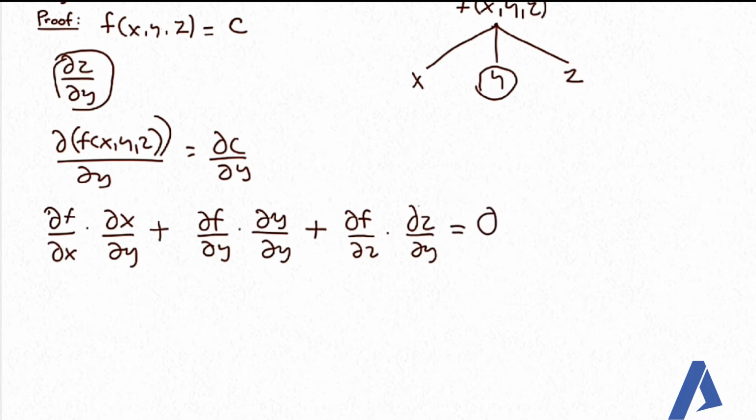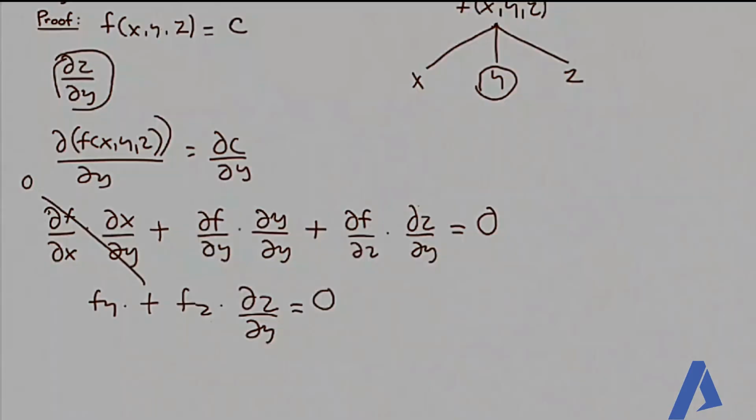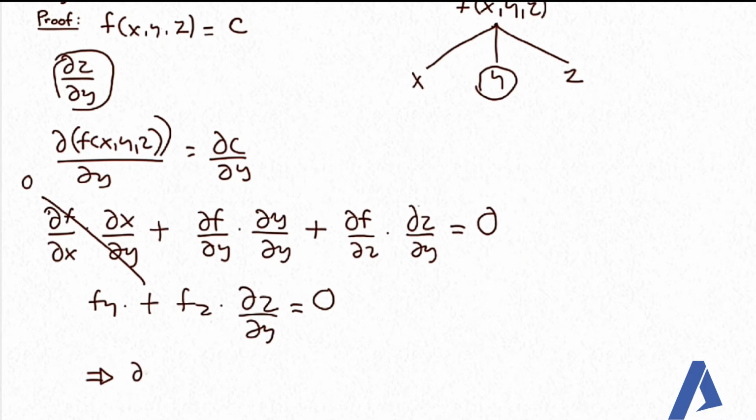ስለዚህ ቅድም we were differentiating with respect to x, አሁን ግን we are differentiating with respect to y። ስለዚህ ኤክስ እና ዜድን እንደ ኮንስታንት ነው የምንቆጥራቸው ማለት ነው። ስለዚህ we are differentiating z፣ ስለዚህ x will be a constant፣ ስለዚህ del x by del y 0 ይሆናል ማለት ነው። የቅድሙ ኬስ ኮረስፖንድ ያደርጋል። ስለዚህ we know that this is fy multiplied by 1 plus del f by del z multiplied by fz multiplied by del z by del y is equal to 0። ስለዚህ ይሄንን ሪአሬንጅ ብናደርገው del z by del y is equal to minus fy over fz.